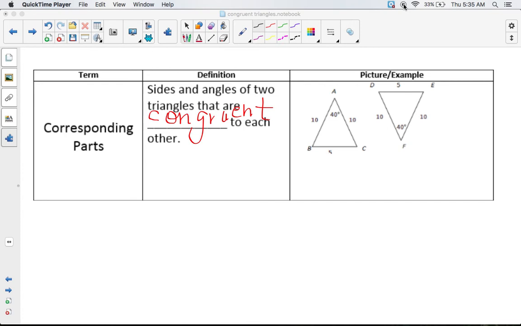So for instance, if you look at this, AB is congruent to FE.